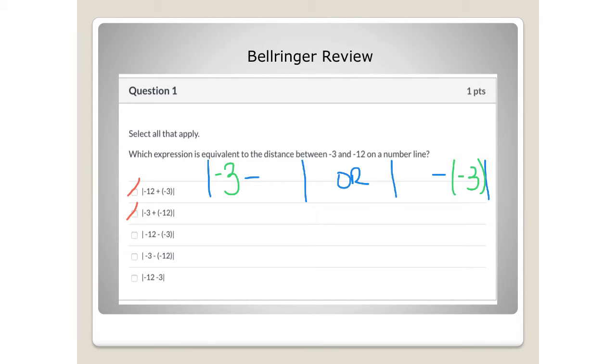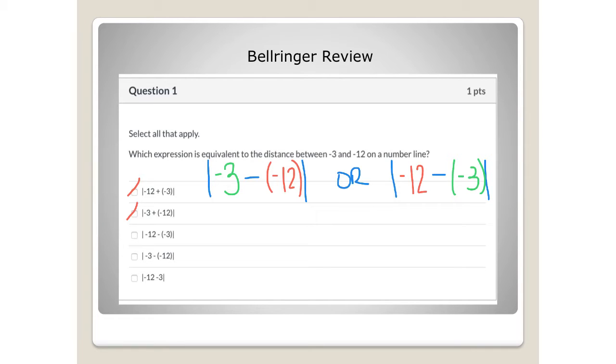The other number we're working with is -12. So I'm going to put it at the back of the first and the front of the second. I know in the past you're told that subtraction is not commutative, but in distance problems and only distance problems, it is commutative because of the absolute value bars.